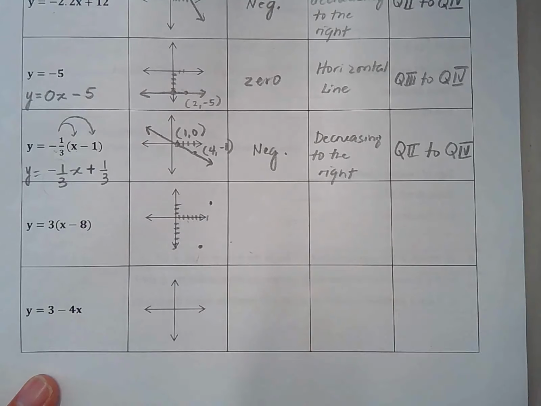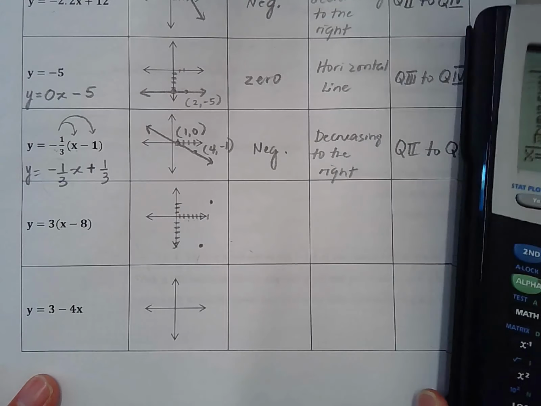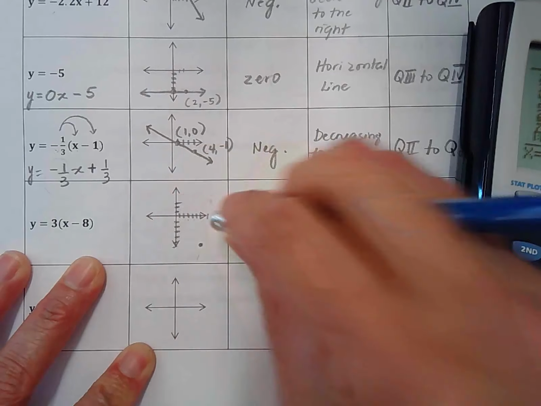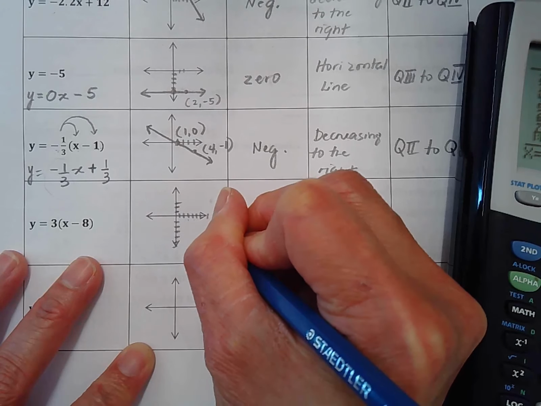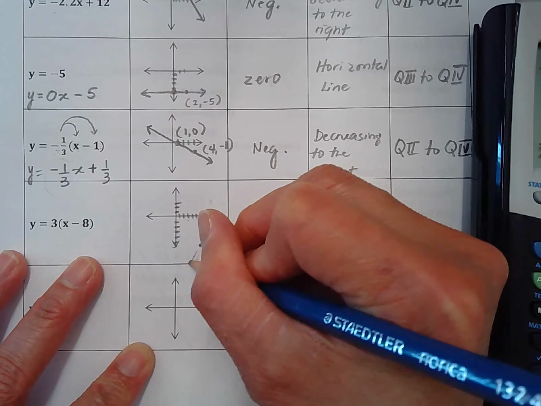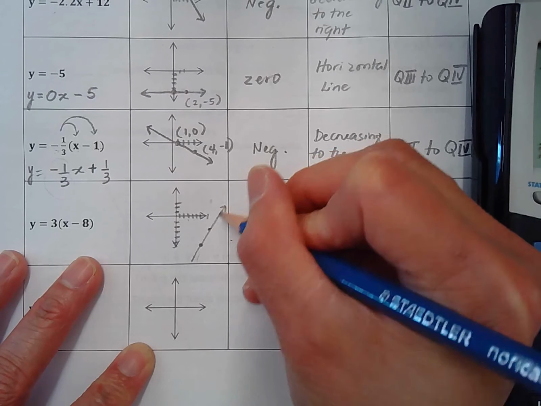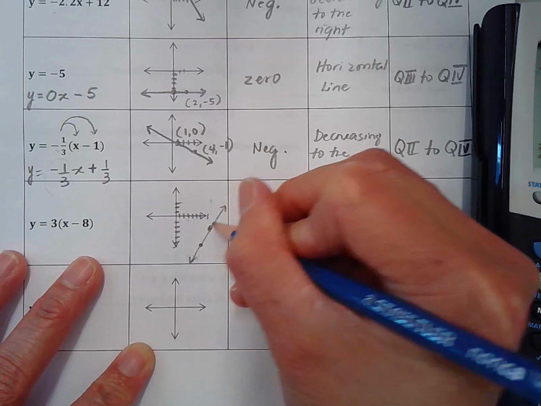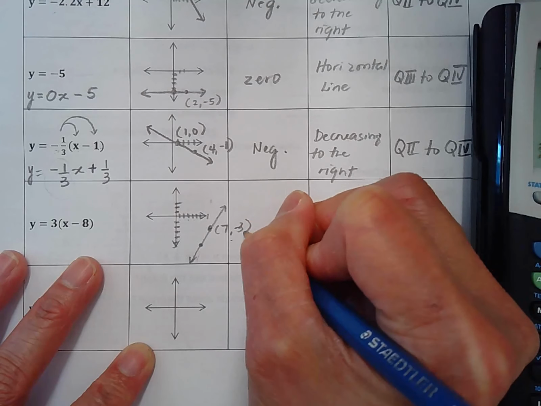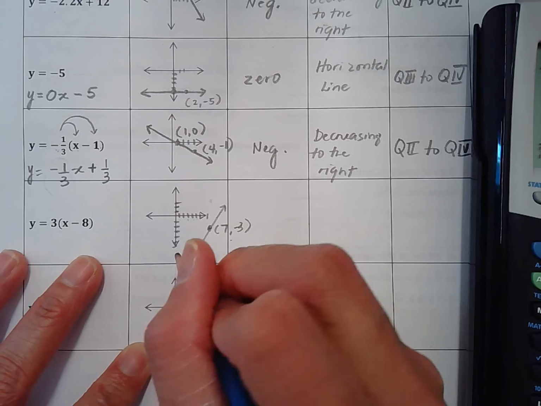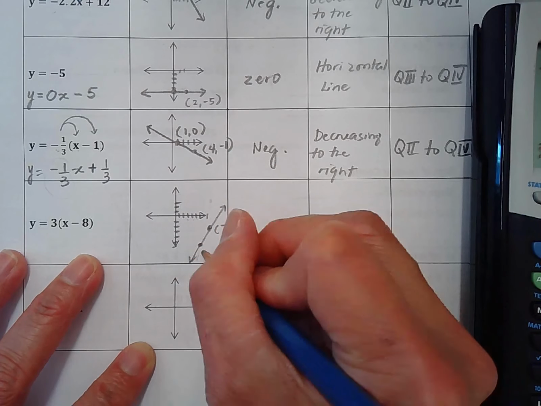Oh, 7, -3 rather. Yes, thank you. There we go. 7, -3. And then this one would be 6, -6.